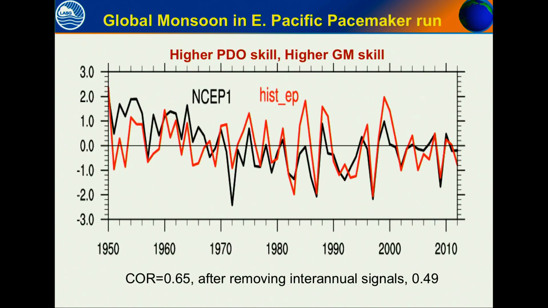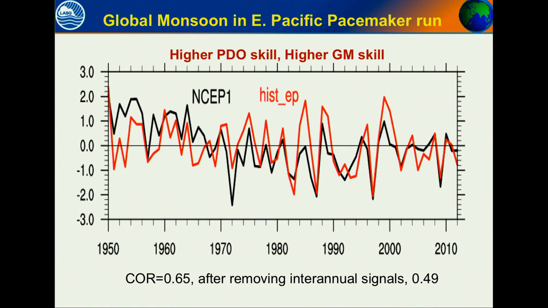The answer is yes. Here, we show the global monsoon index derived from observations and also the pacemaker run. You can find in the past 60 years, the correlation coefficient is 0.65. After removing internal signals, the correlation coefficient is still significant.